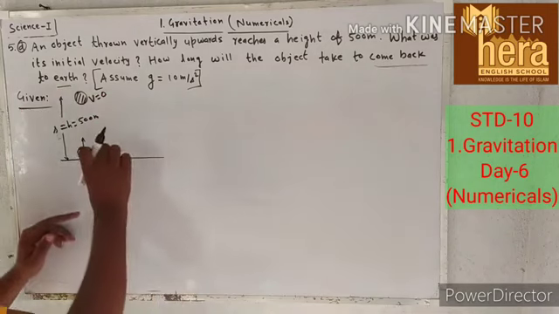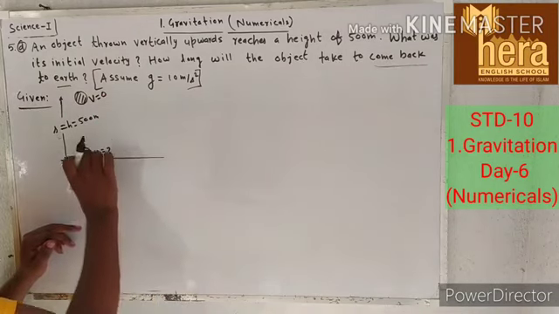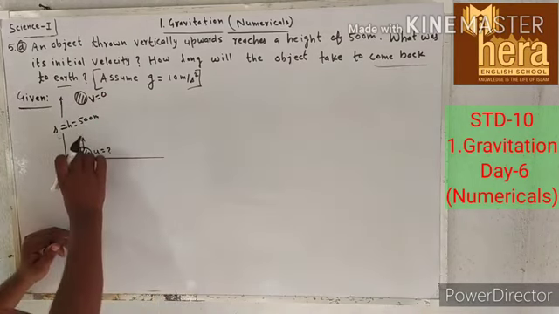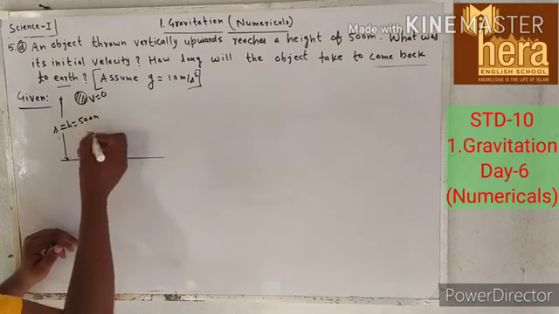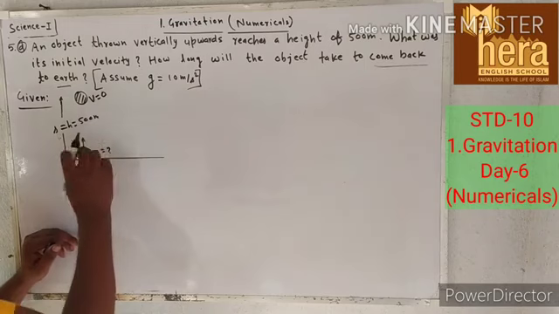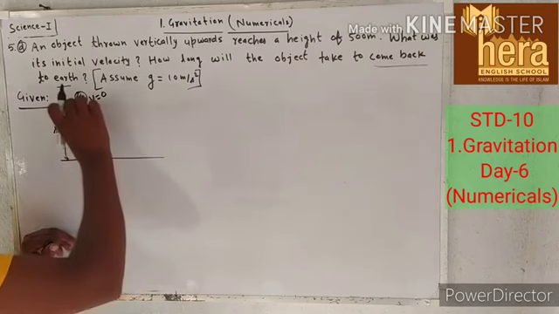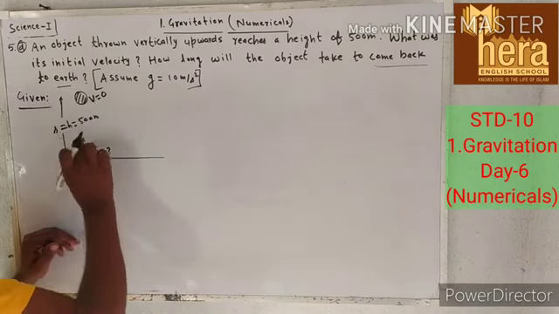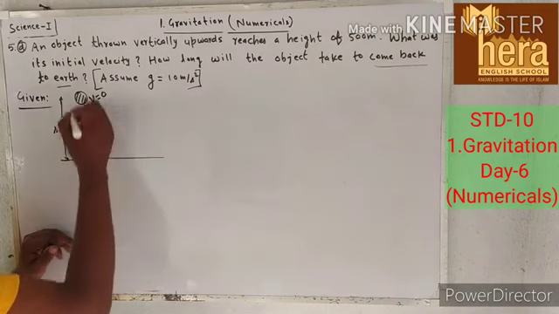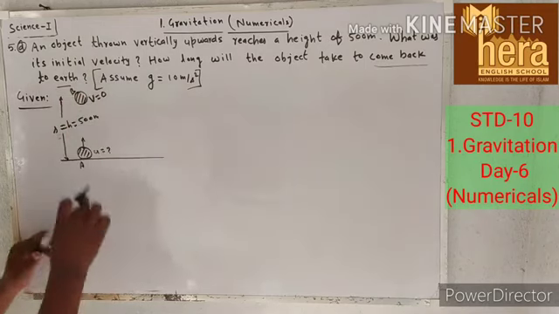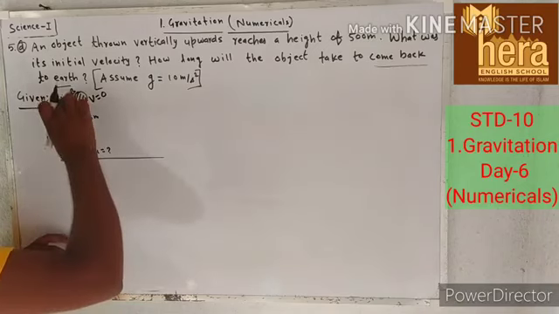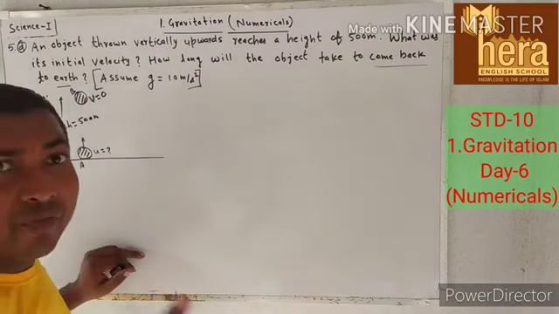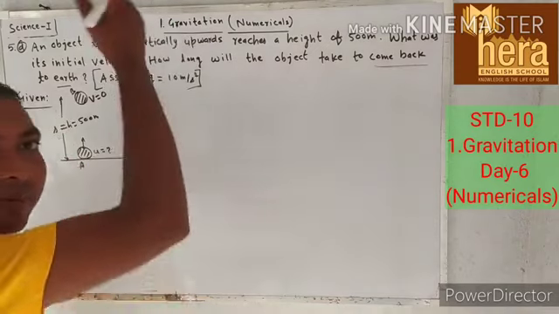If it takes 10 seconds to go from point A to point B, then we know that time of ascending is equal to time of descending.